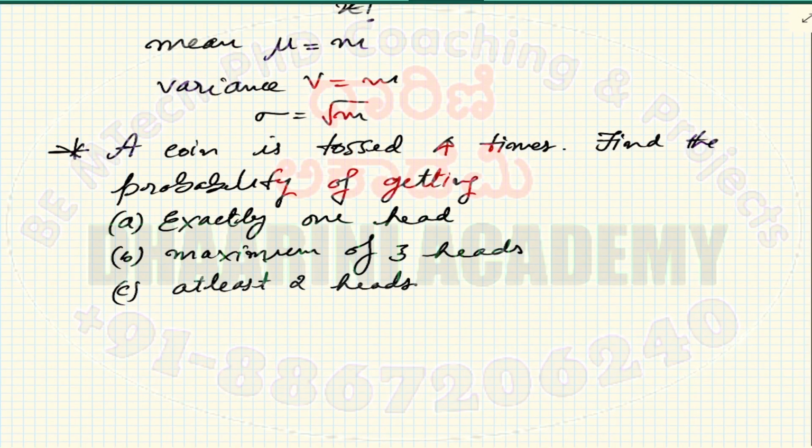By just looking at this question, whenever we get questions based on distributions, normally the distribution name will not be mentioned. We need to identify it. You are tossing a coin, so two results are possible, head or tail.